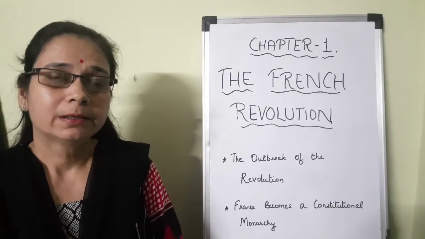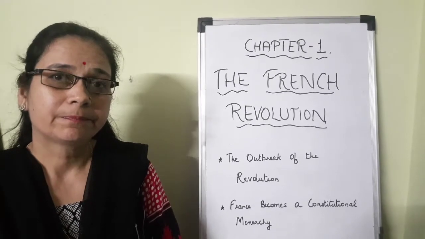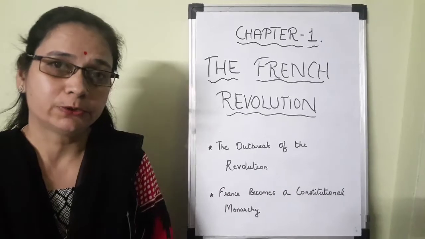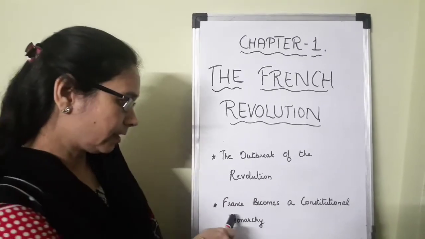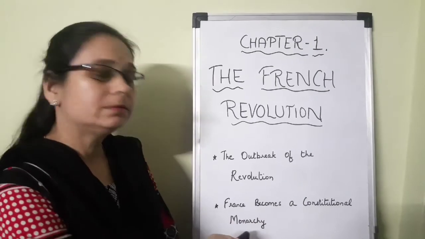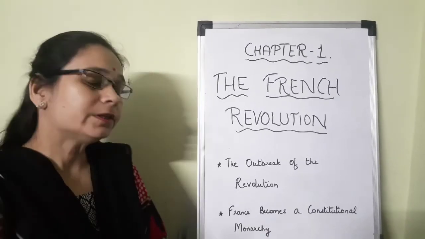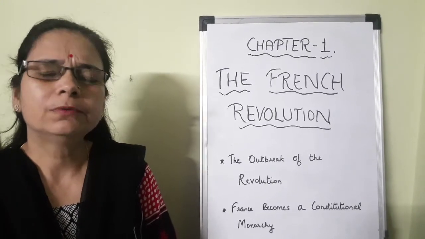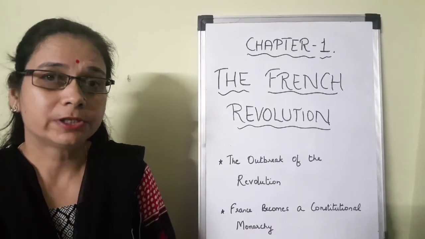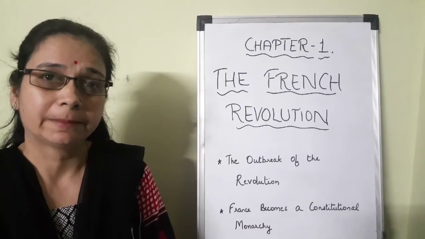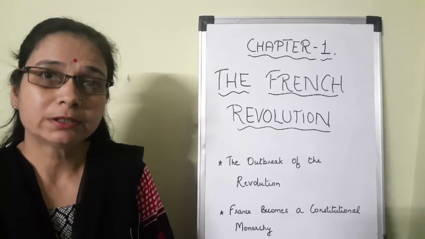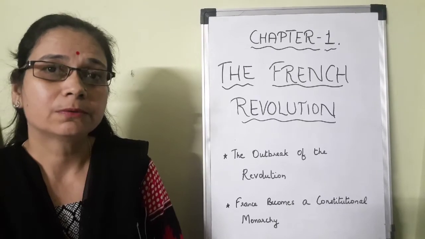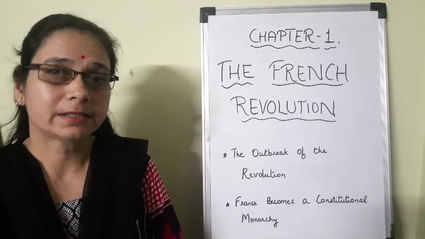Now, today we'll continue with the chapter. Today we are going to study the outbreak of the revolution and how France becomes a constitutional monarchy. In the first topic, we'll see how the third estate, who were very angry with the treatment done to them, revolted against the first and the second estate, and also against King Louis XVI.